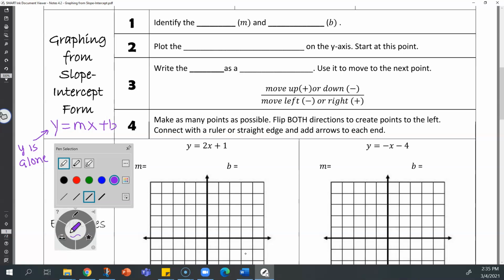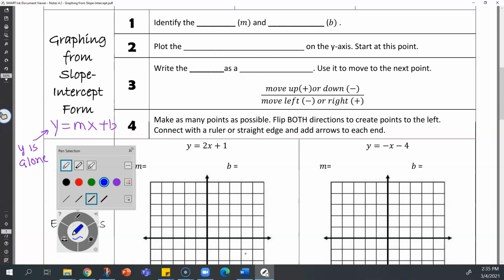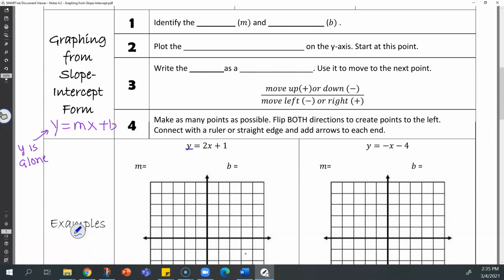First thing I want to do is make sure that y is by itself. In my first example, y is by itself, so I'm good to go there. What I'm going to do first is identify my slope and my y-intercept, just like we did in the previous examples. I'm going to identify my slope, which we represent with variable m, and is the number directly next to, connected to, my x.